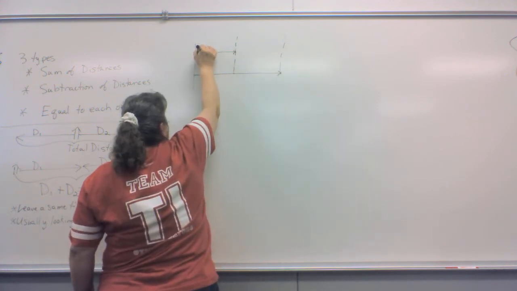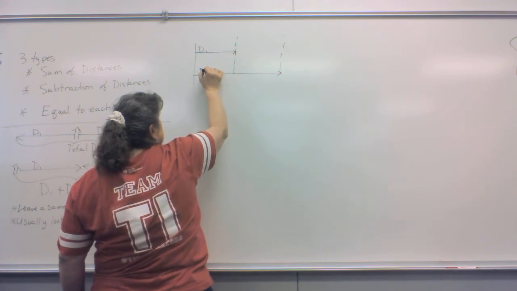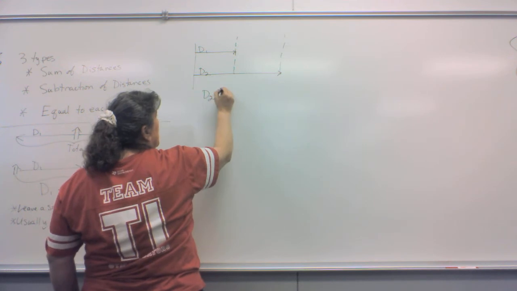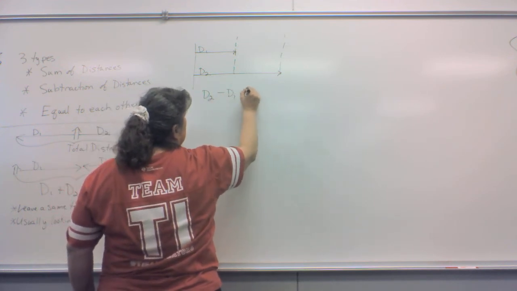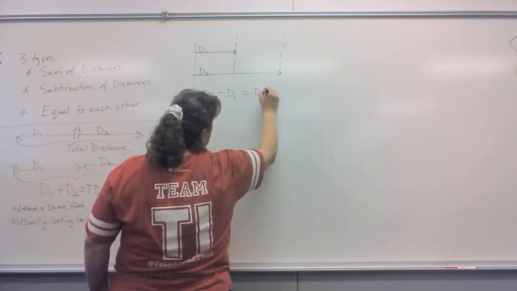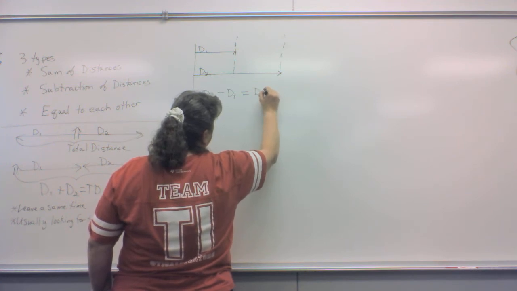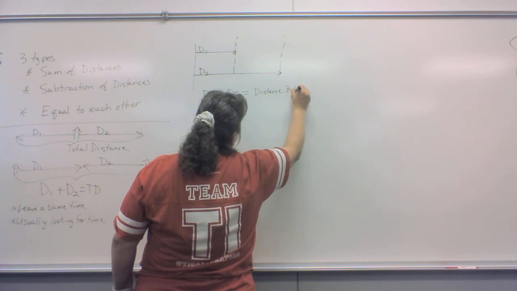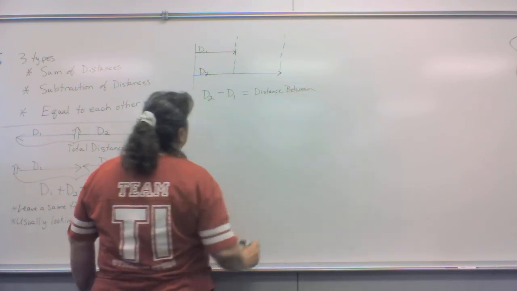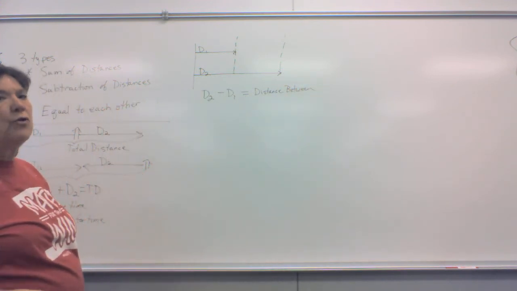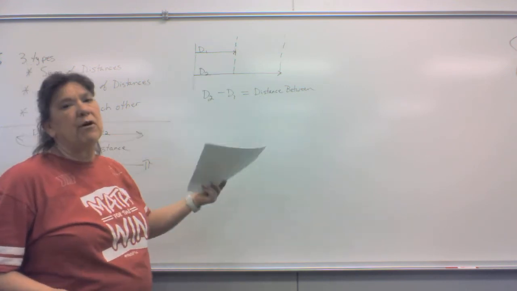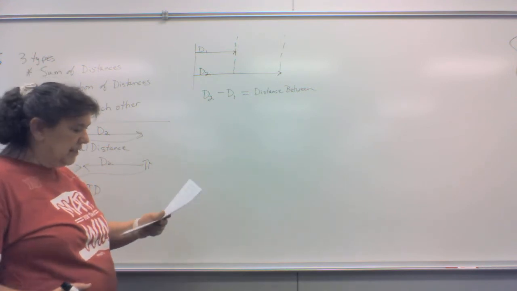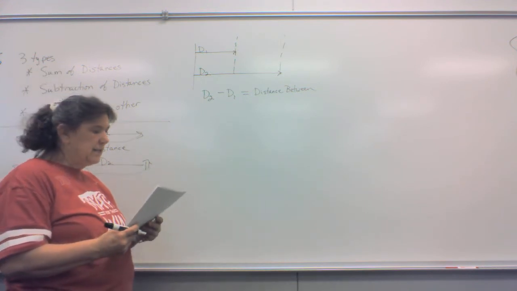So this would be D1, this would be the distance 2, and so you're going to have D2 minus D1 is going to give you the distance in between. And they're usually asking how long will it take them to get that far apart, or how long will it take, what will it be? So that's, again, another one that you're looking at time.